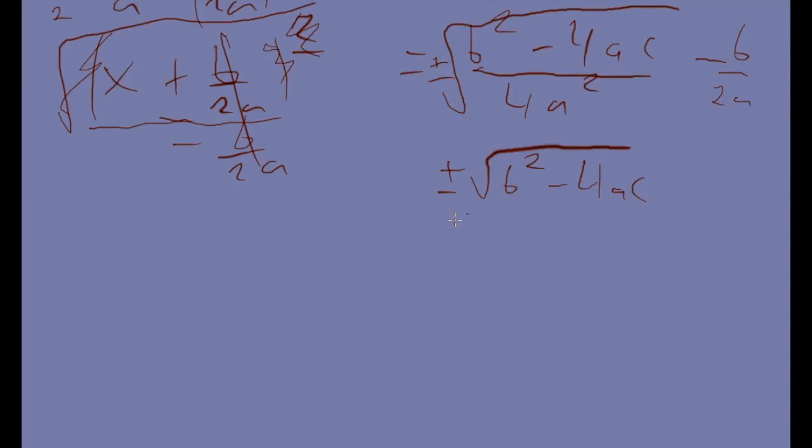so this would be 2a, and then we've got negative b over 2a. And then you'll notice something: these are equivalent denominators. So it doesn't matter whether you add the square root or subtract the square root, it's always going to be equivalent denominators.